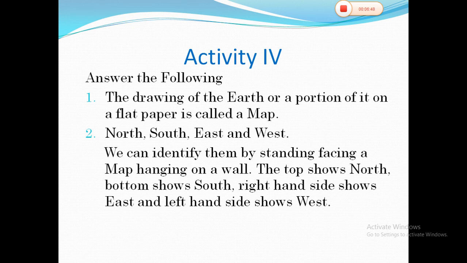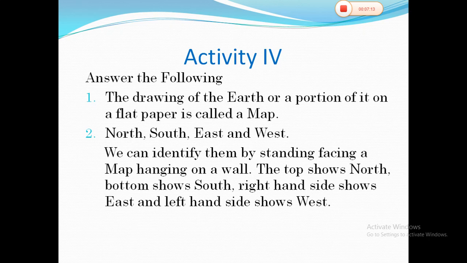Question 1. What is a map? Answer. The drawing of the earth or a portion of it on a flat paper is called a map. Second one. Which are the four main directions? How do we identify them on a map?